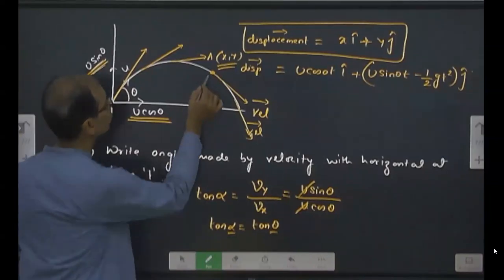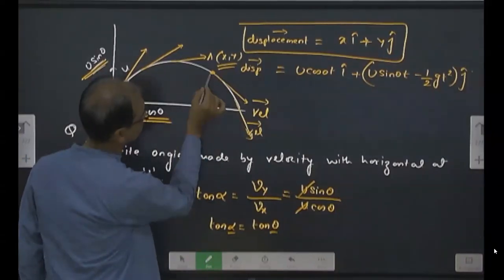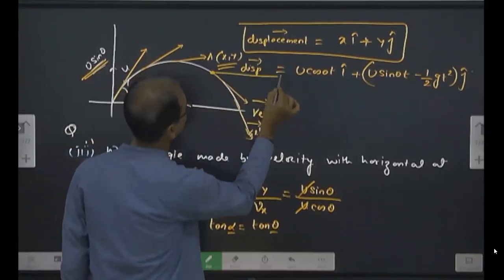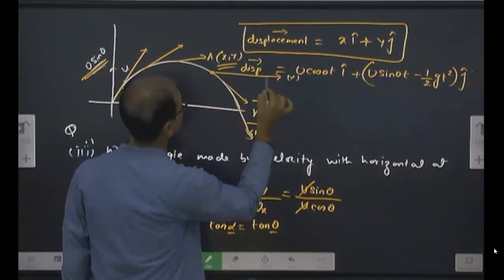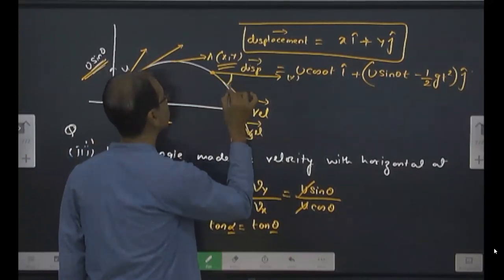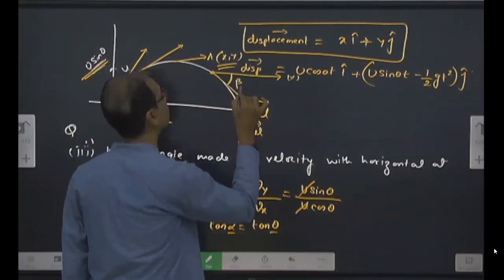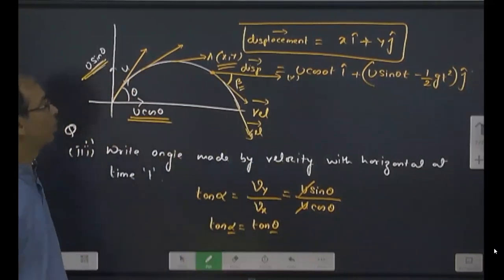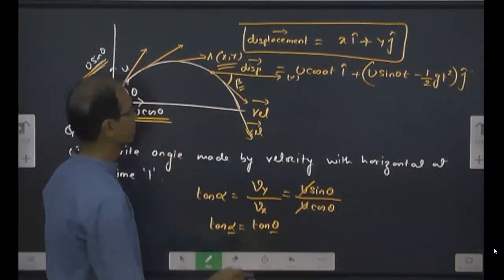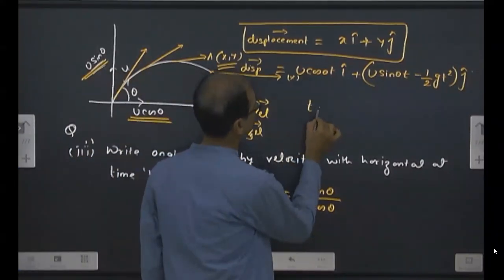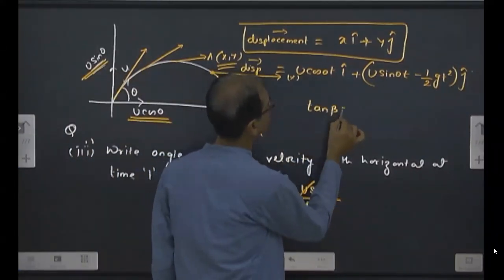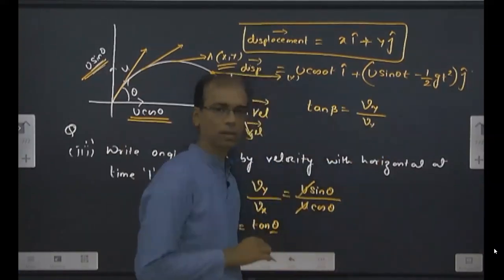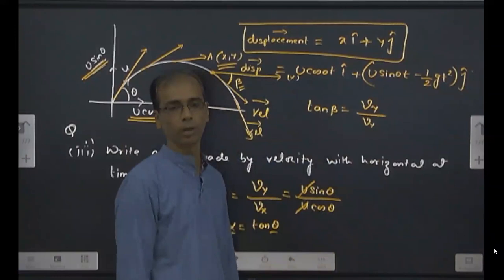Exactly the same way, if I want to find what angle this velocity vector is making with horizontal, this is horizontal, the x-axis. Suppose this angle is beta. Now how to find it? Very simple. Tan beta equal to Vy by Vx. Is this a universal formula? Yes, it's a universal formula.